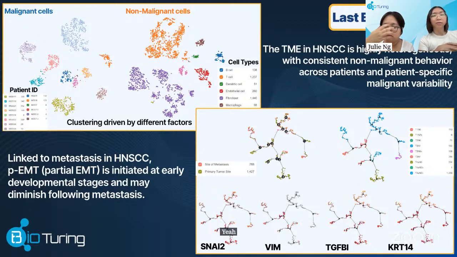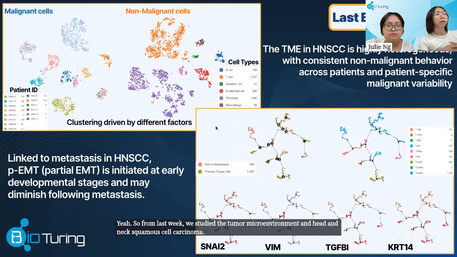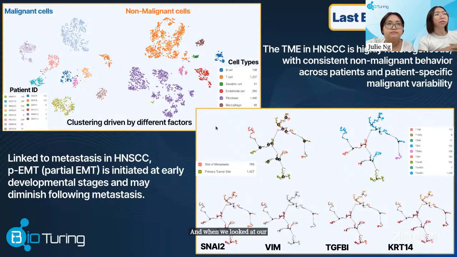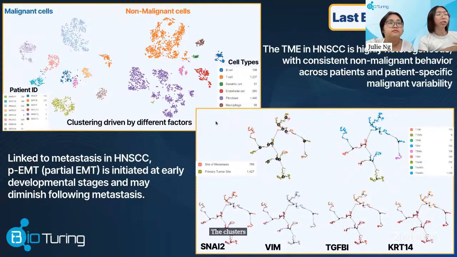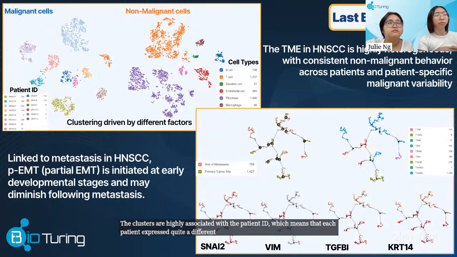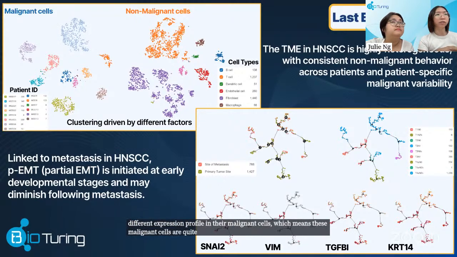So from last week, we studied the tumor microenvironment in head and neck squamous cell carcinoma. When we looked at our population of malignant cells and clustered by the different patients, we found that the clusters are highly associated with the patient ID, which means that each patient expressed quite a different expression profile in their malignant cells, so these malignant cells are quite heterogeneous in their phenotype.